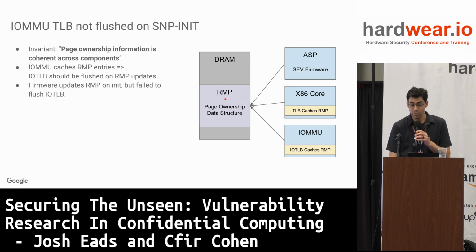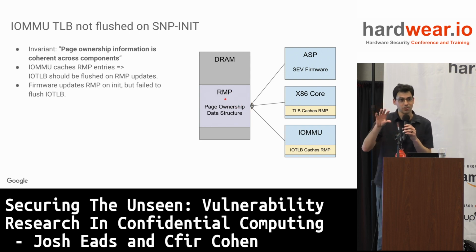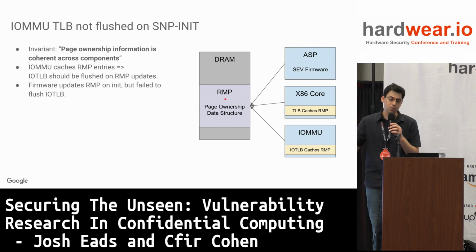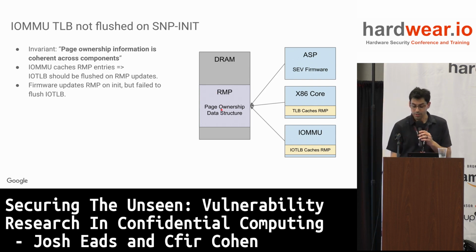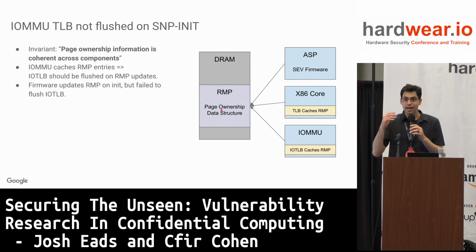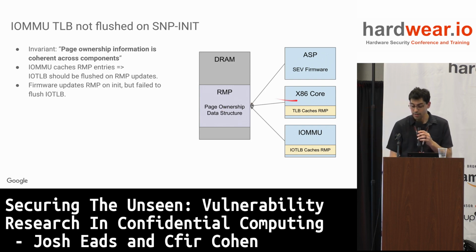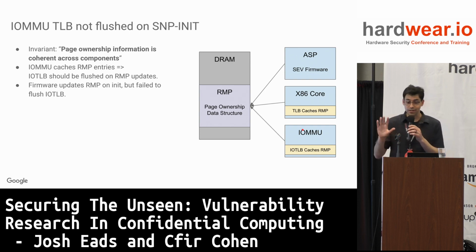So when the RMP changes, you want to make sure that that change is reflected in all the caches. Or in other words, you want to make sure that the cache is invalidated on every update. So when we looked at all the update flows, we found that whenever x86 updates the RMP, it invalidates the IOMMU TLB, so this is correct and safe.